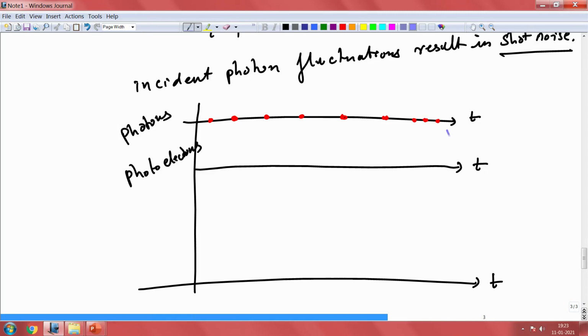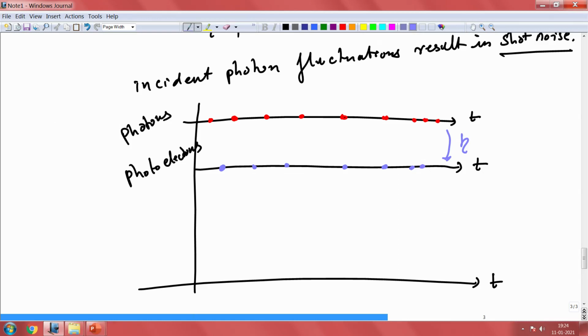This conversion depends on the conversion efficiency of your photodetectors that we already saw. Sometimes there is no generation, and here you have 2, for example, like this.